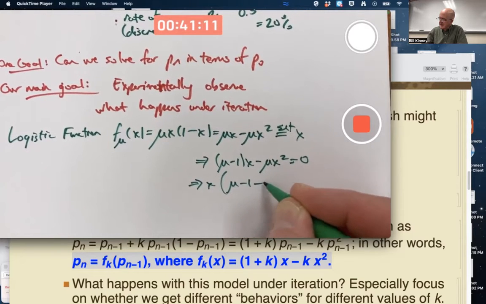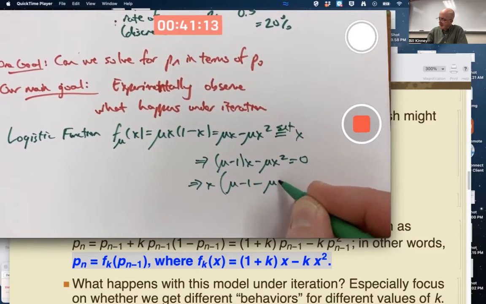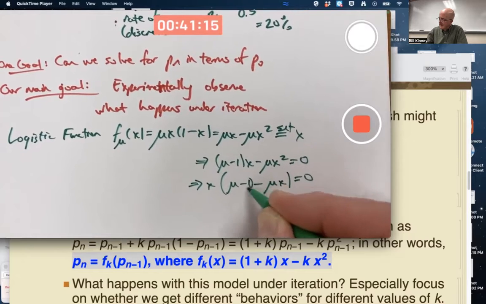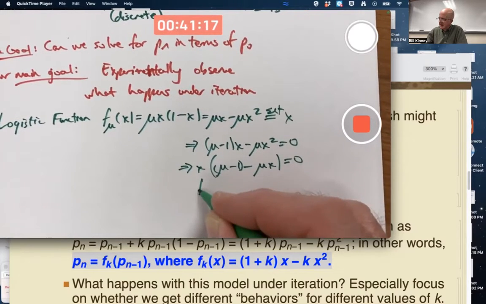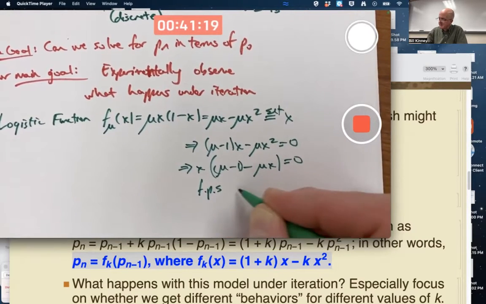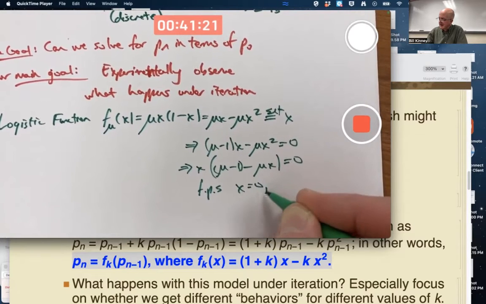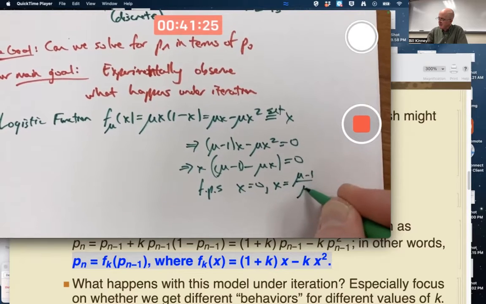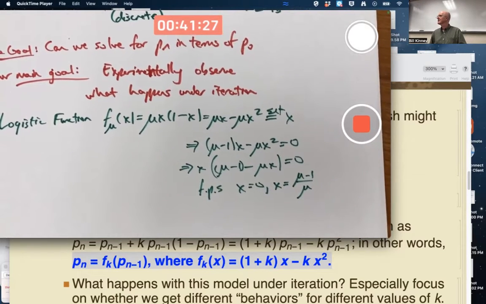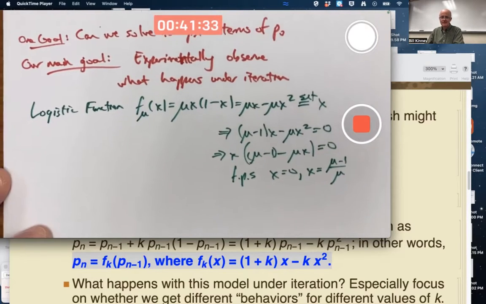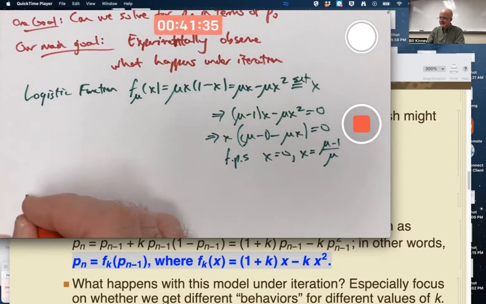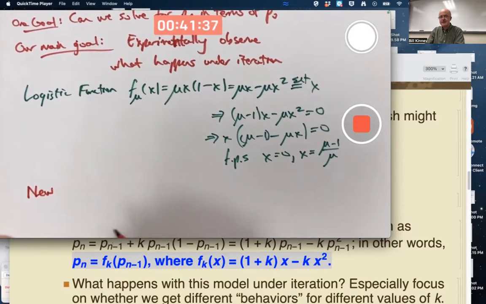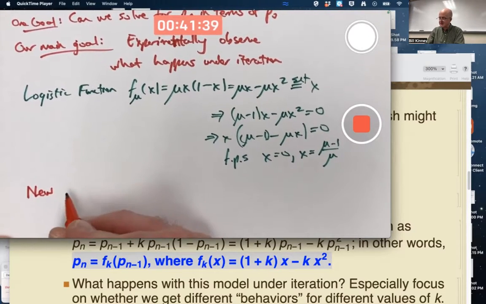We got this, and the fixed points, FPs, stands for fixed points, were X equals 0 and X equals, what would it be, mu minus 1 over mu? That's what we got last week with the logistic model. With this new example, the fixed points are not quite the same. Well, one of them is the same. 0 is still the same.